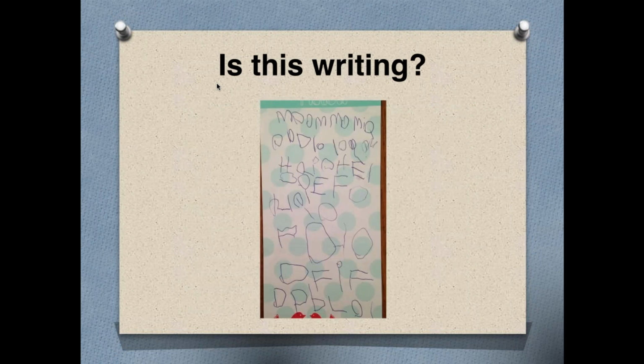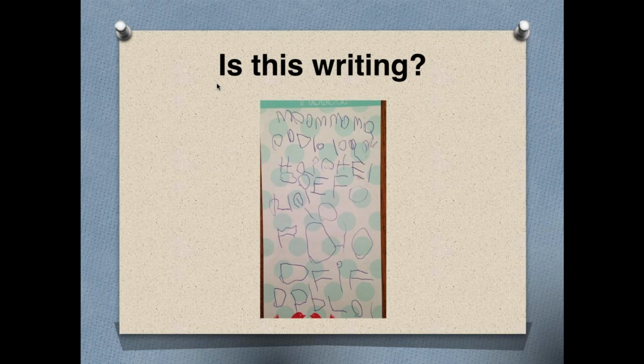How about this? If you look really hard, and if you kind of squint, you can tell this is writing. You may not be able to recognize any words. If you look carefully, you'll see Mom and Mia, but you won't necessarily see any other recognizable words. This is a student who knows what writing looks like. She knows that writing is when we convey ideas from our heads.